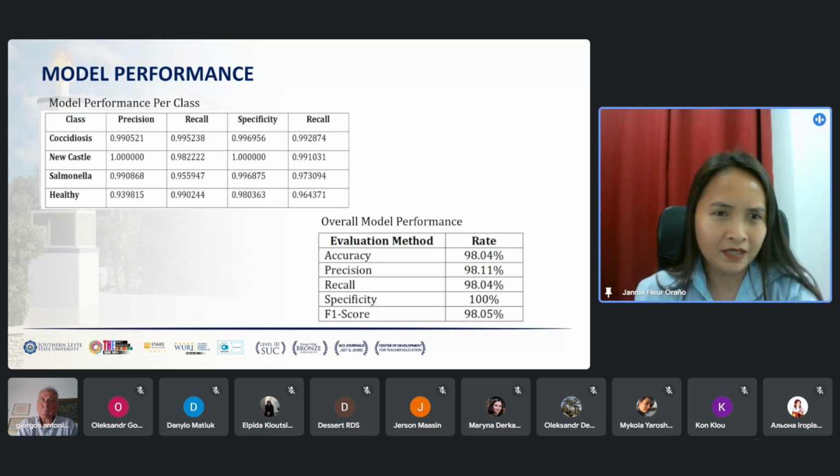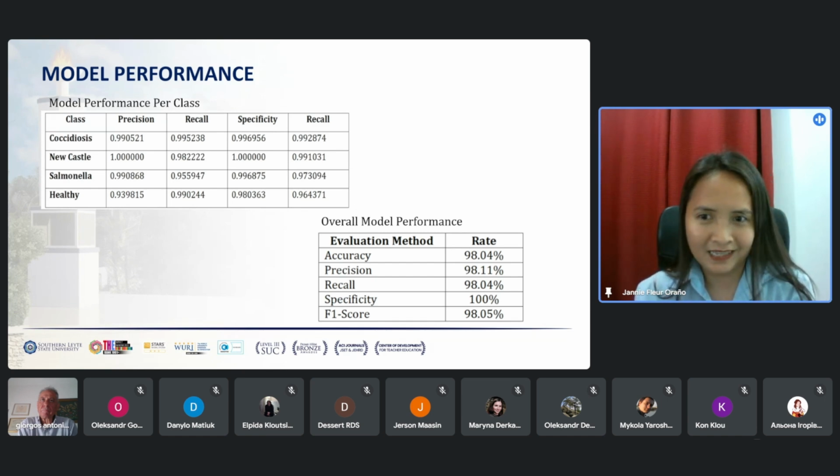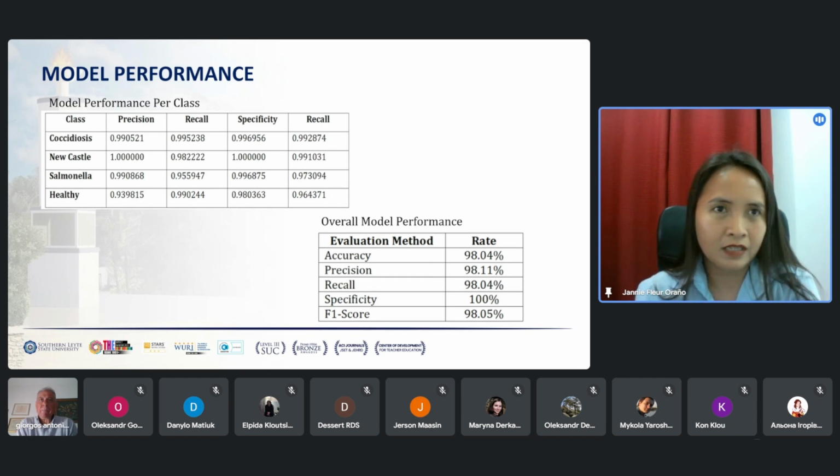There's a slight decrease in the recall for salmonella, as I said a while ago, likely due to the similarity between the salmonella and the healthy instances. Additionally, the relatively low precision for healthy suggests that the model might sometimes misclassify instances of healthy as salmonella disease.